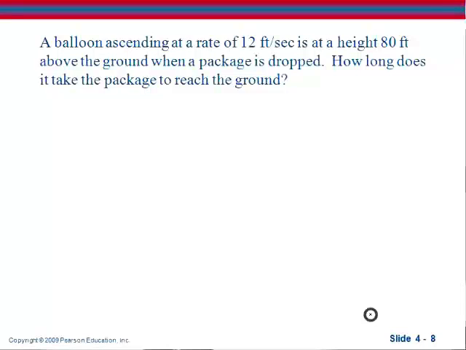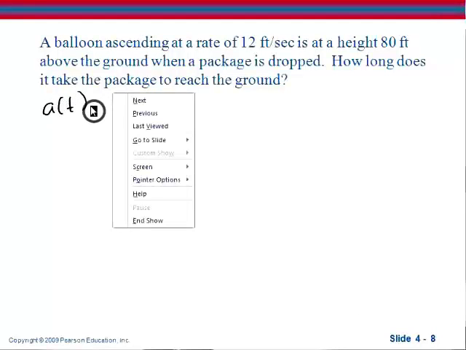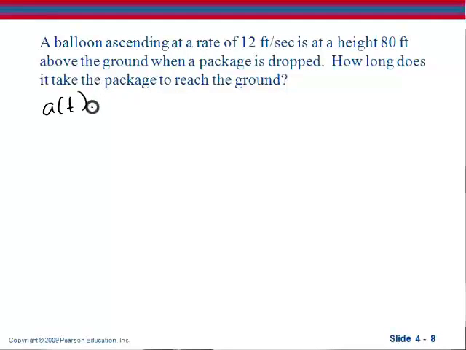Well, the first thing we need to recognize here is that the acceleration of gravity near the surface of the Earth is 32 feet per second squared. Okay, so that's going to tell us that our acceleration function is going to be -32.